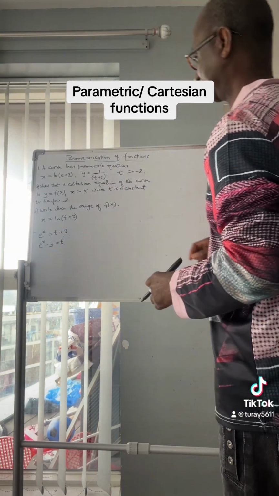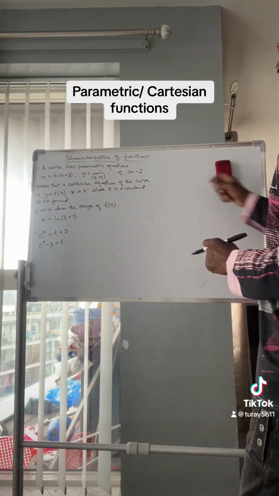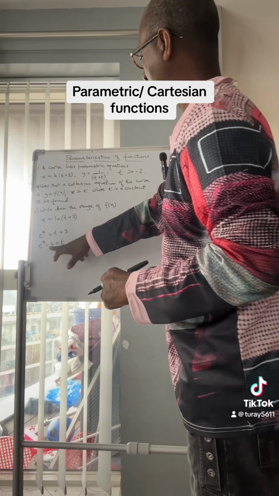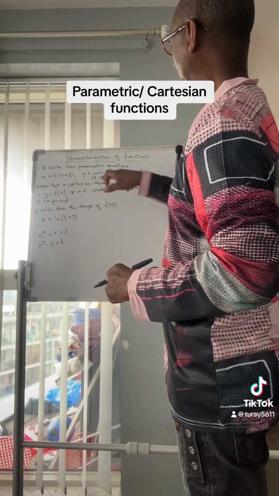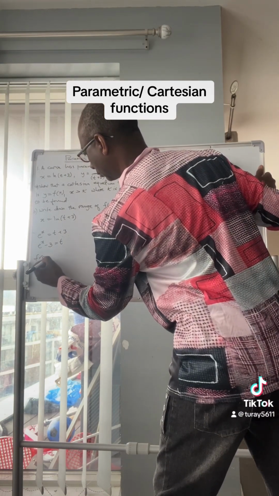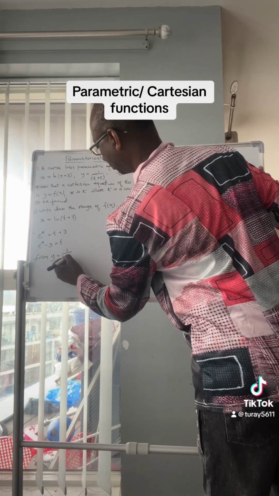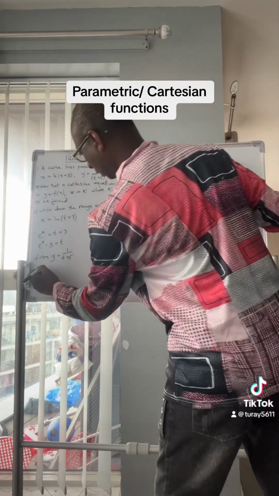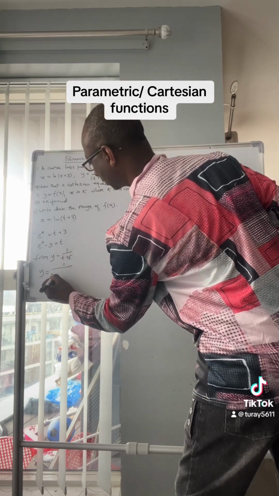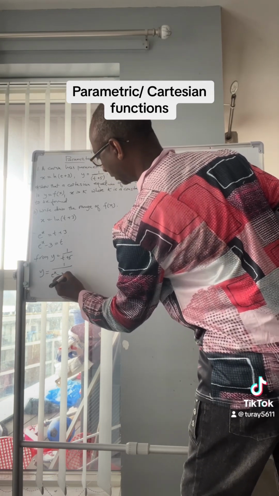You now come to y to substitute the equivalent of t into here. So from y equals 1 all over t plus 5, you now have y equals 1 all over, what is t? t is e raised to the power of x minus 3, plus your 5.